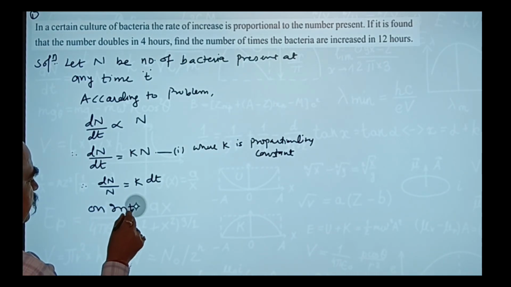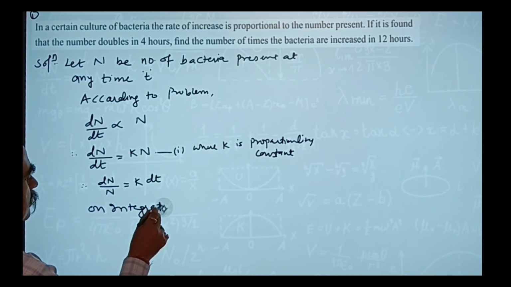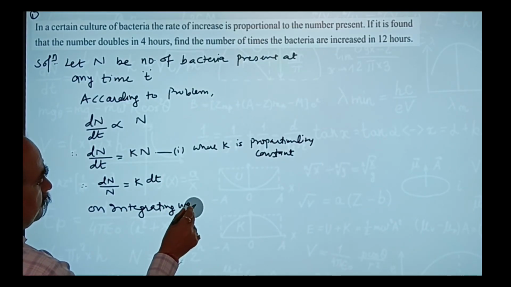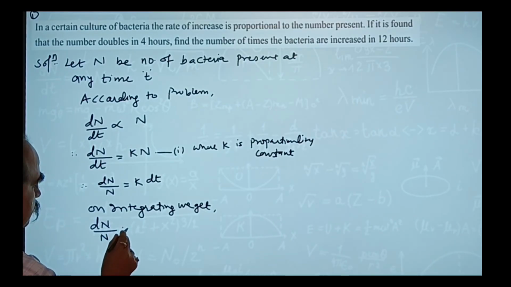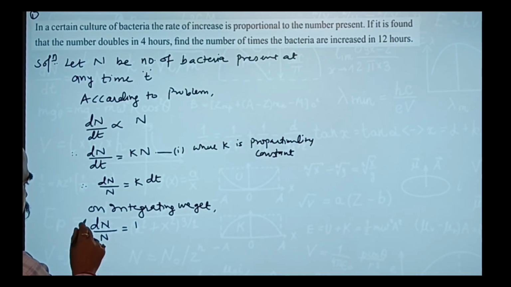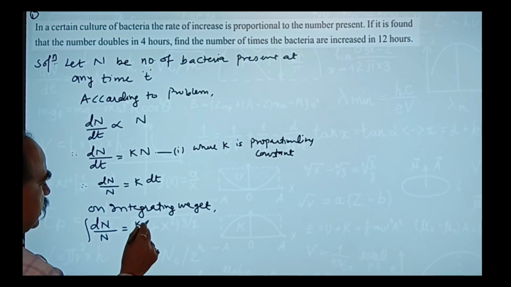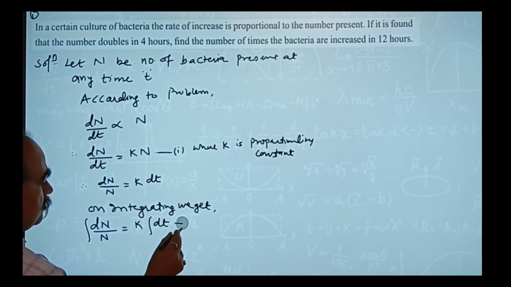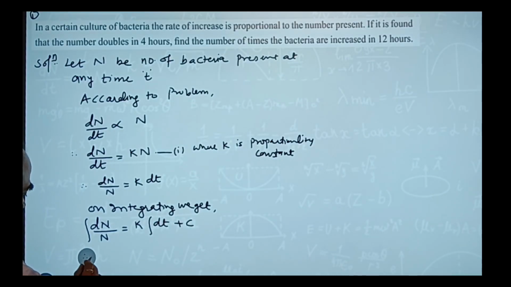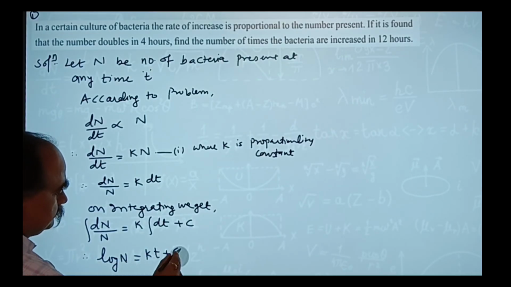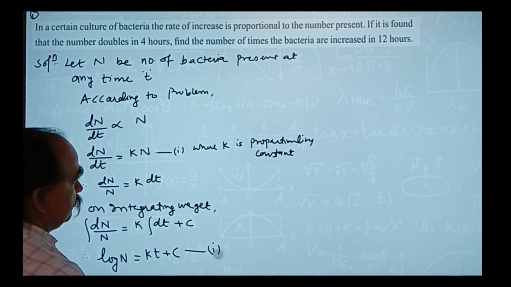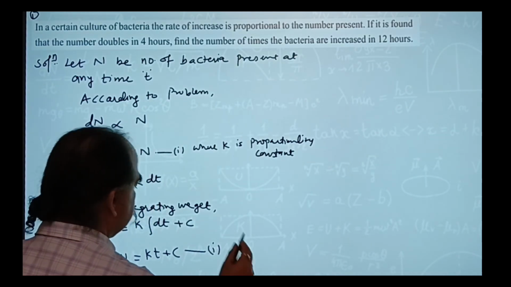On integrating, we get integral dn upon n is equal to k integral dt plus c. Log n is kt plus c. This is equation number 1.